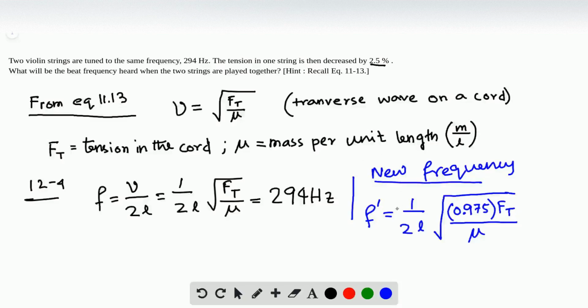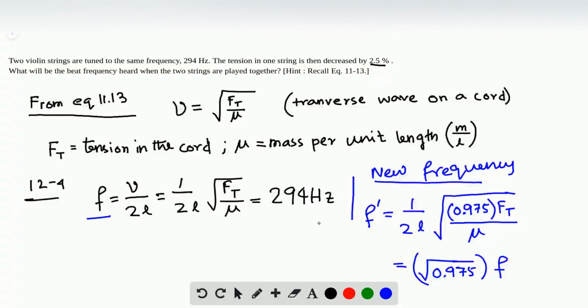Now if we take this out, we get the square root of 0.975 times the fundamental frequency that we had, right?